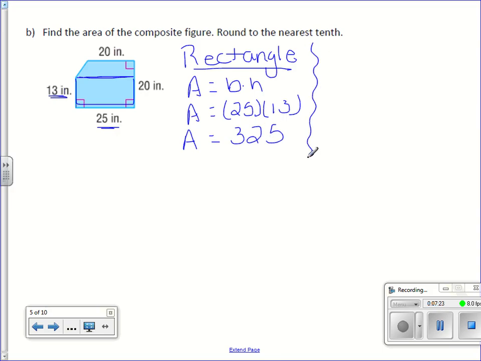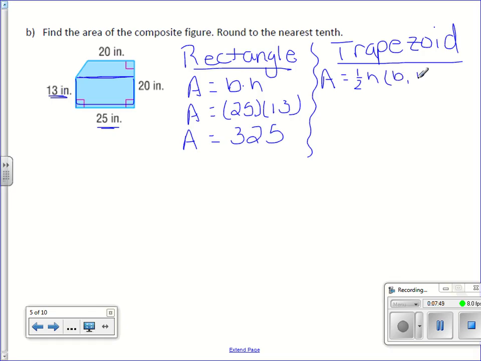What is this other shape you see? This shape is a trapezoid. A lot of times we forget about the trapezoid. Now this formula is a little bit tricky. Area equals 1/2 the height times base 1 plus base 2.